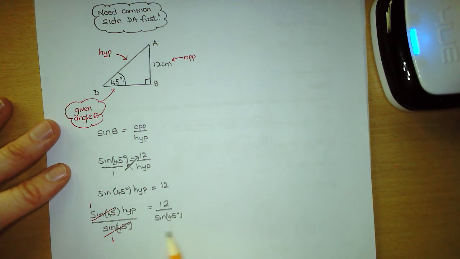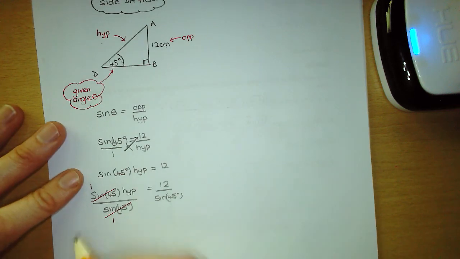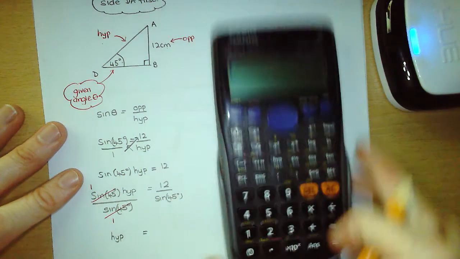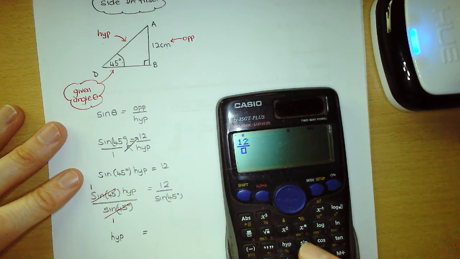So what I'm actually going to do here is I'm going to actually work this out. I know we would normally keep it exact, but we're going to end up having to use this very shortly with our non-right angle trig formula. So we'll work this one out. So the hypotenuse is equal to, so we'll go to our calculator. Again, we'll hit our fraction button. So we've got 12 over sine of 45.